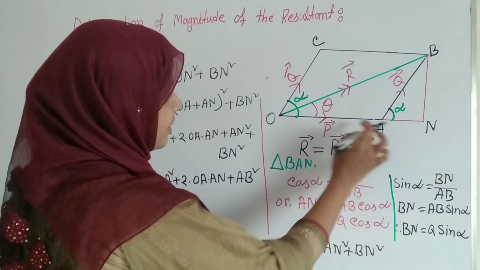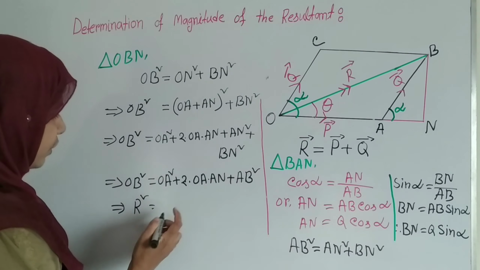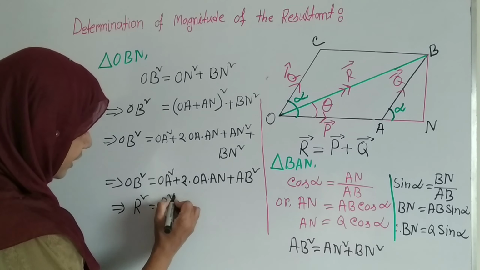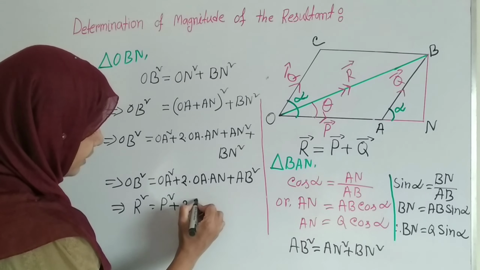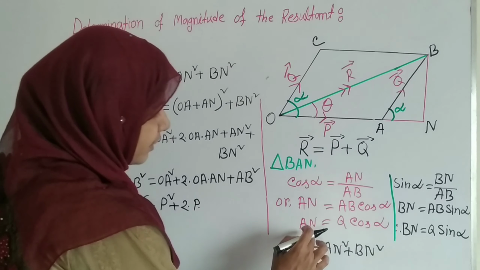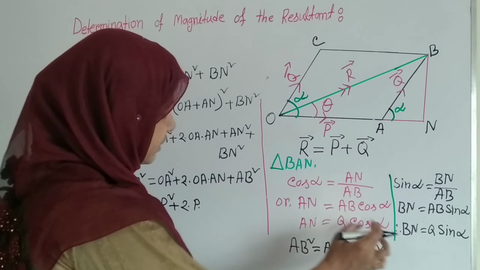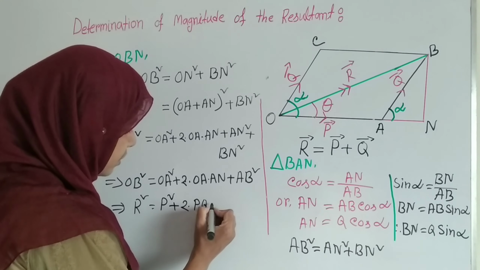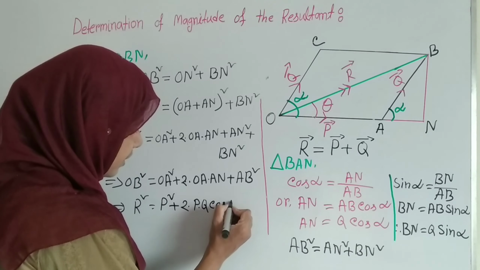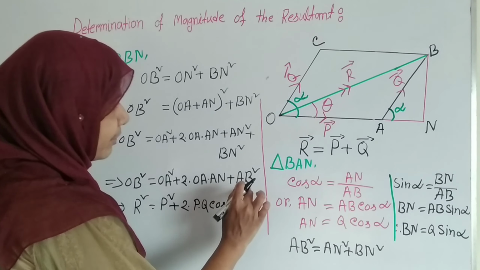OA means vector P. So OA square means P square plus 2 OA, that is P, and AN, the value of AN is Q cos alpha. So instead of AN we can write Q cos alpha plus AB square.